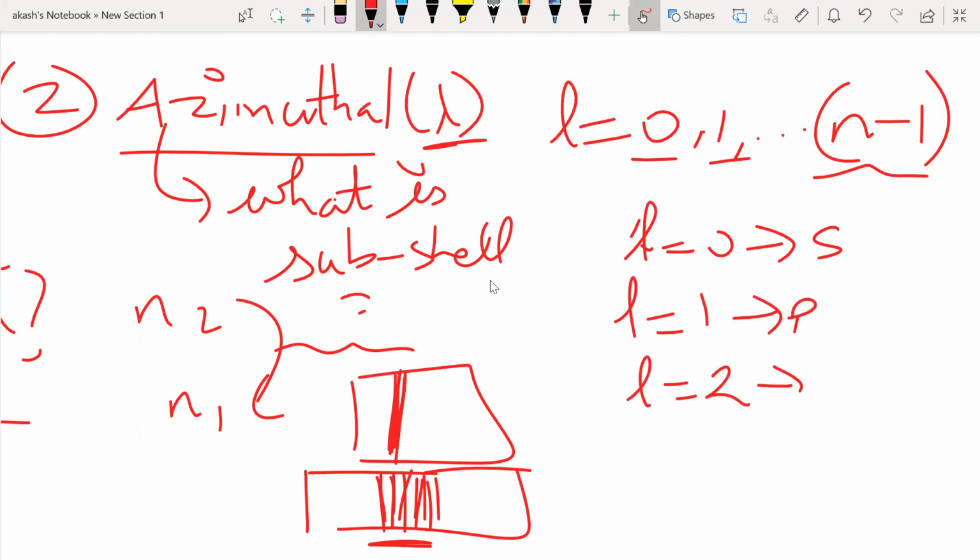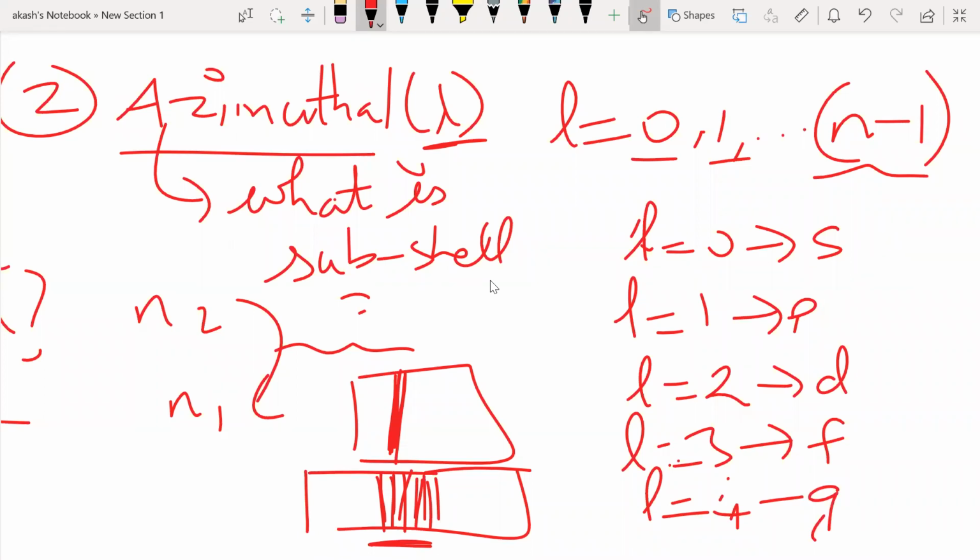L is equal to 2 corresponds to the D subshell, and L is equal to 3 corresponds to F. L is equal to 4 corresponds to the G subshell, but we are not going to study that. So S, P, D, F we already know, for L equal to 0, 1, 2, 3 respectively.